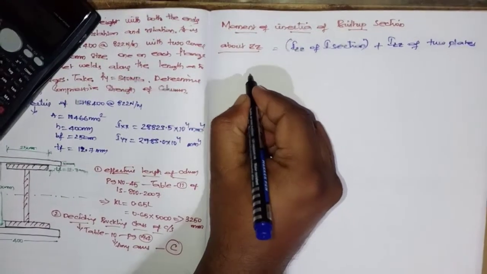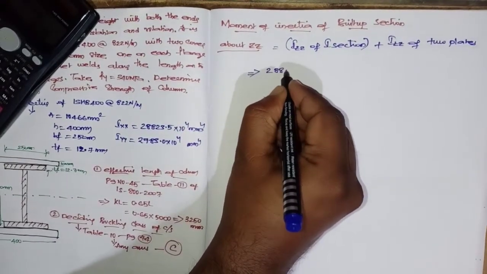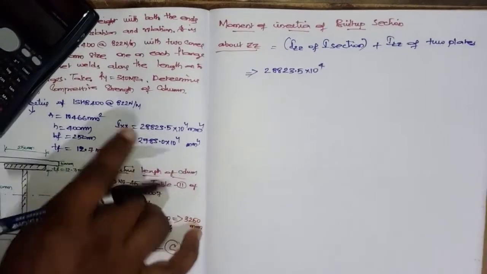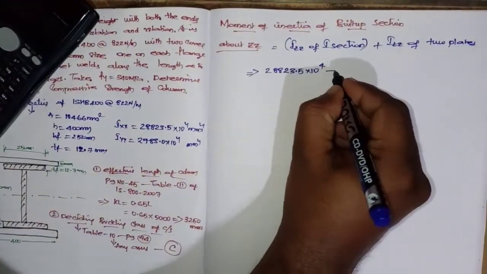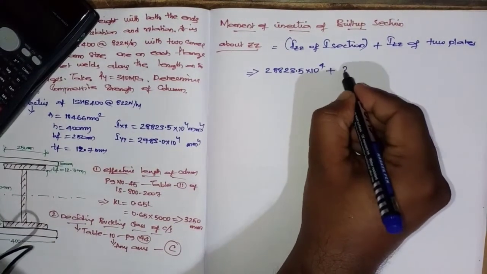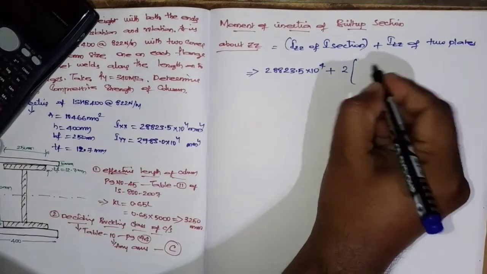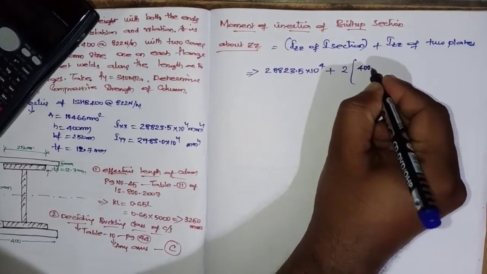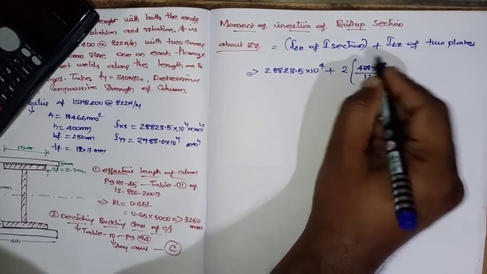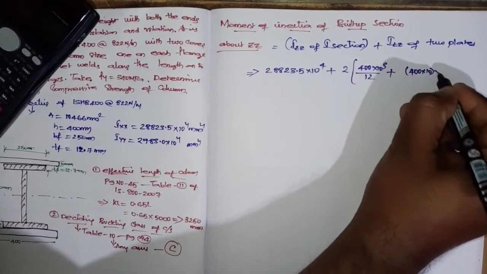The moment of inertia given for I section is 28823.5 into 10 power 4. Here the formula is the parallel axis theorem: 2 of IG plus area into h square. IZZ of two plates means B into D cube, 400 into 10 cube by 12, plus area 400 into 10 into h square.